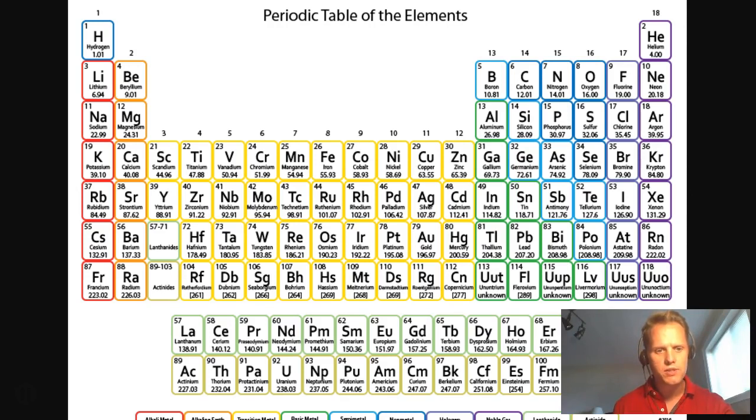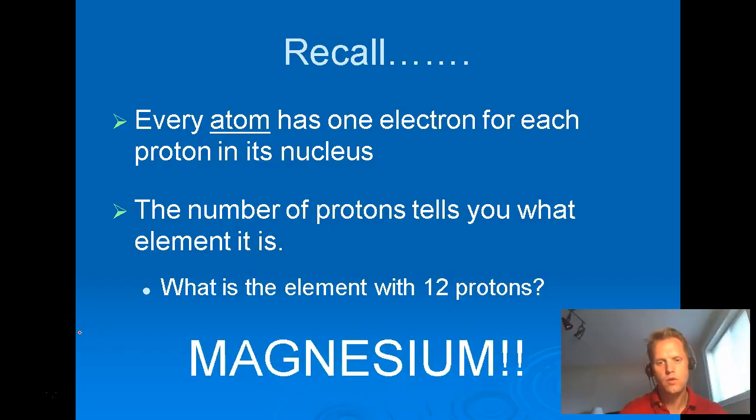So magnesium, when it's neutral, has the same amount of pluses as negatives: protons, which are positive, and electrons, which are negative. When it has 12 protons and 12 electrons, it's neutral. The number of protons tells us what element it is, and this one is magnesium. Now we're going to draw the Bohr-Rutherford for magnesium.